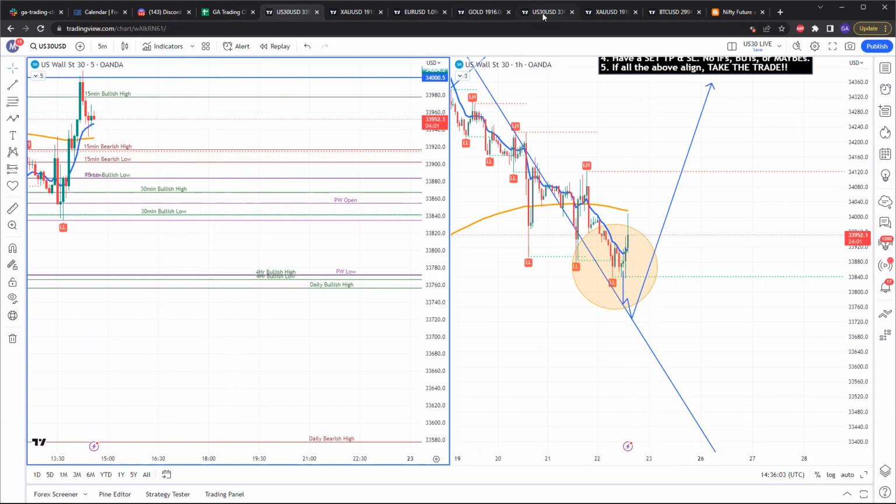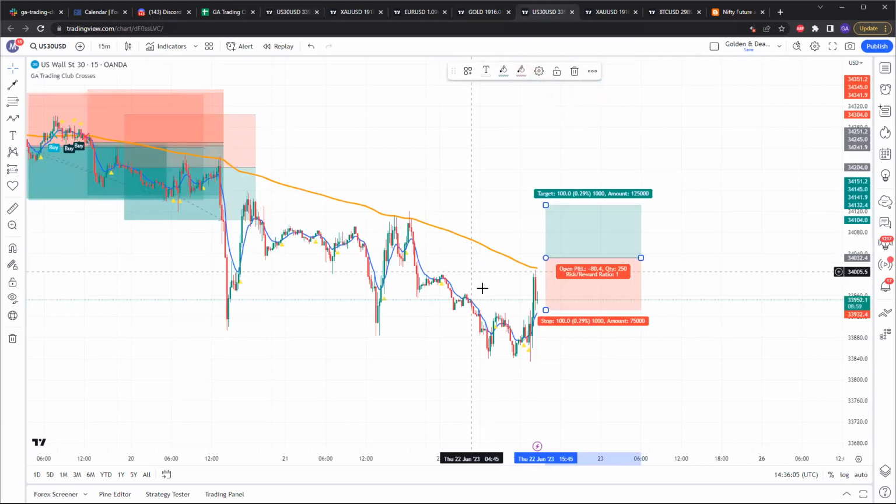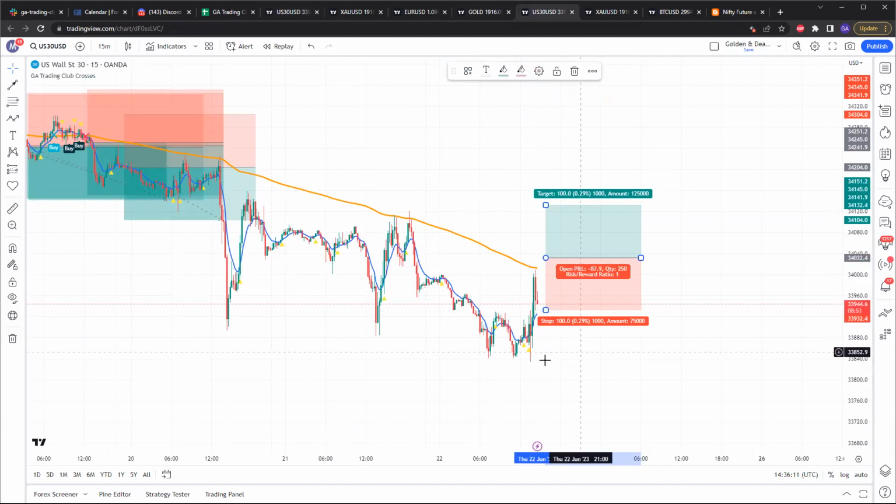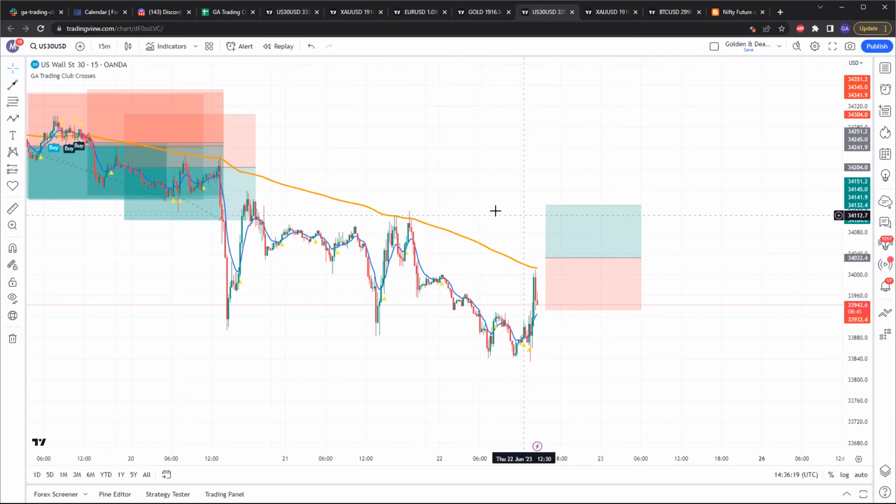This other buy down there on the crosses, as much as this indicator has a 90 to 98% win rate, based on where price is at, price is telling me that it's going to go lower to 33,775. So just because of that, the probability for this one trade that we would get would drop to about 70% for me.